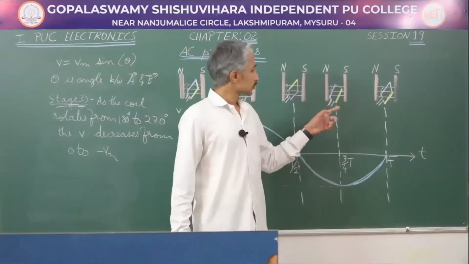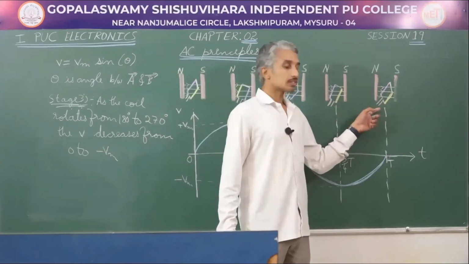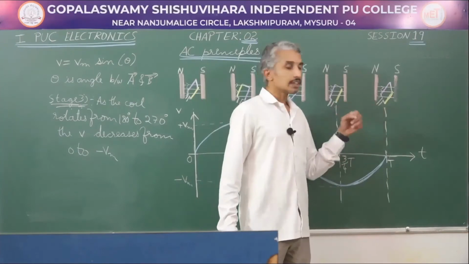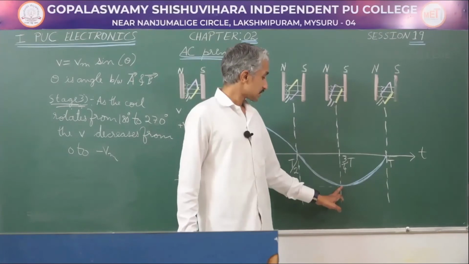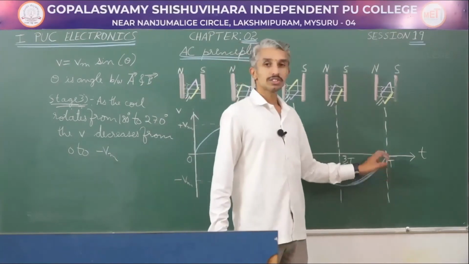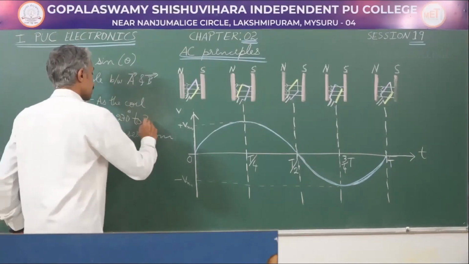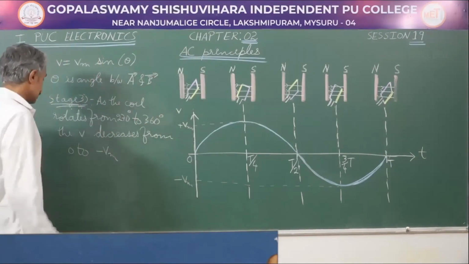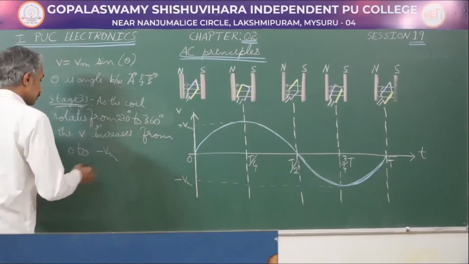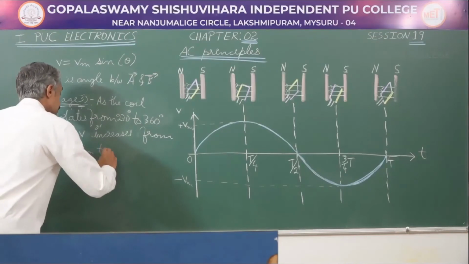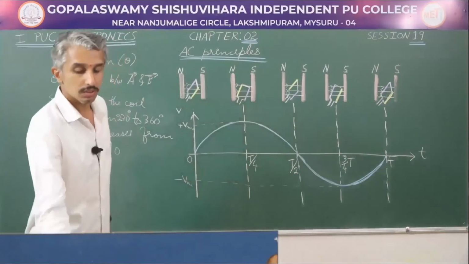Next, the coil rotates from 270 degrees and back again to the same initial position, which is 360 degrees or 0 degrees. Now what happens? The AC voltage increases from negative maximum to 0. So, as the coil rotates from 270 degrees to 360 degrees, the voltage increases from negative maximum to 0 and the process continues.